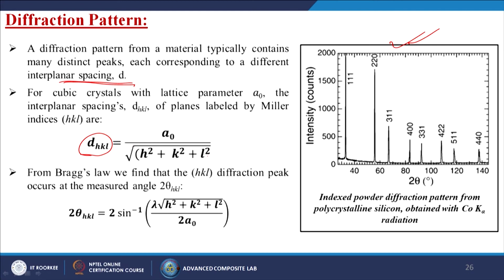From Bragg's law, we find that the hkl diffraction peak occurs at the measured angle 2 theta_hkl = 2 sine inverse of (lambda times root of (h square plus k square plus l square) / 2 a0).